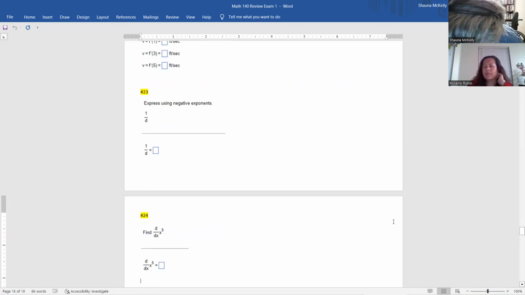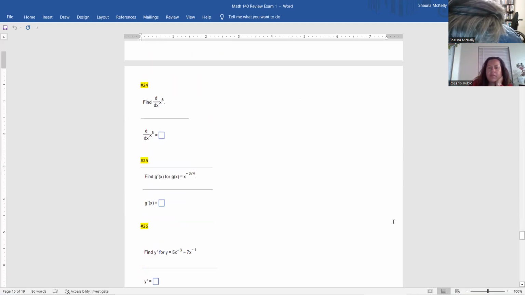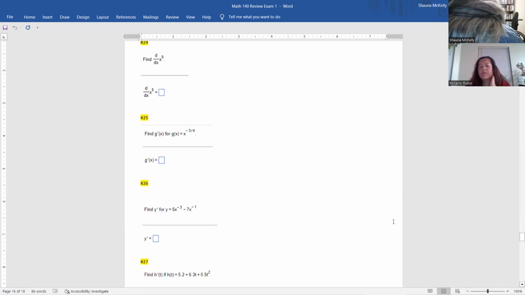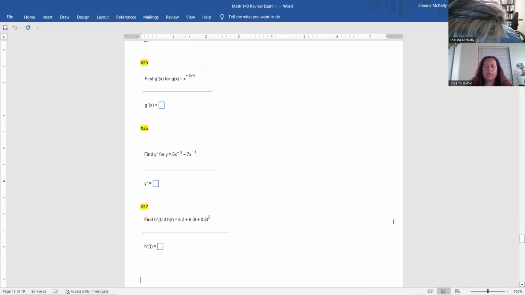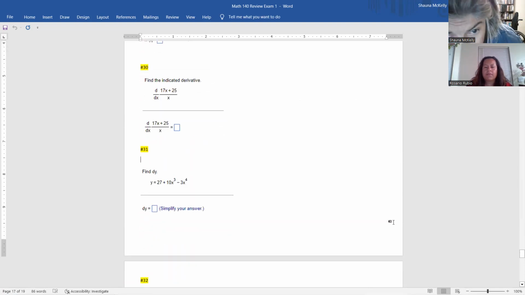Then you want the derivatives of some functions, some basic functions, not a big deal. Find h prime of t. Okay, that's a polynomial. These are like for 30 and 31, for example.